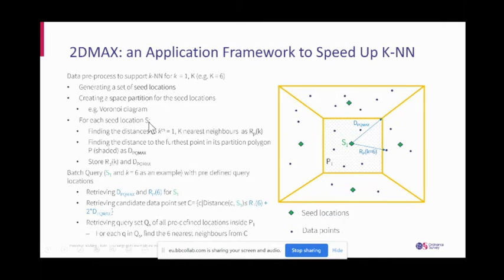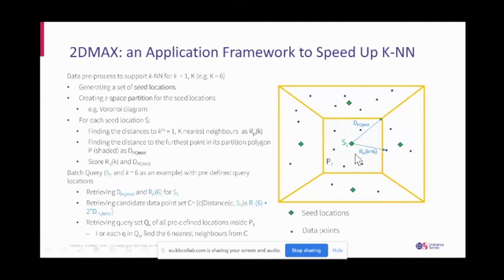And for each of the seed locations S, we will find the distance to the k nearest neighbors for k from 1 to 6. And then we find the distance to the furthest point in this partition polygon. In this case, here will be the furthest point in this partition polygon for this seed location.